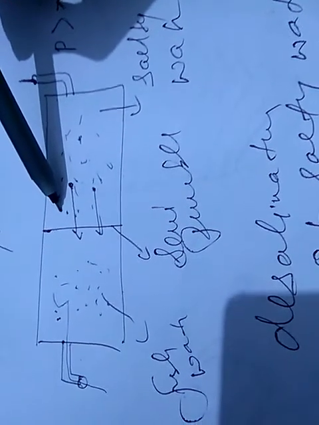The membrane which is provided over here, which acts as the semi-permeable membrane, is also a porous membrane. Basically, these membranes are made up of polymers. Mostly polymers are used to prepare this membrane. One common example for this membrane is cellulose acetate. Cellulose acetate is permeable to water, and it doesn't allow impurities to cross.